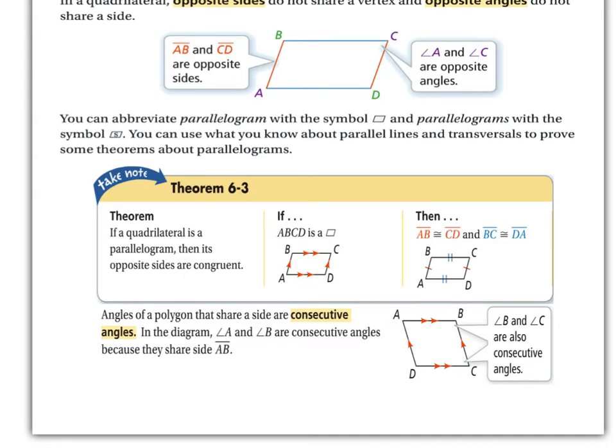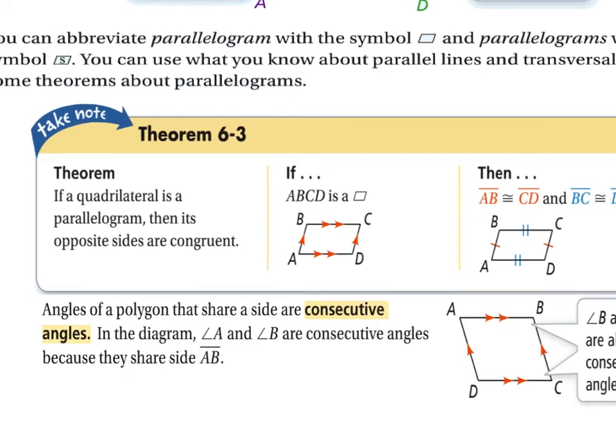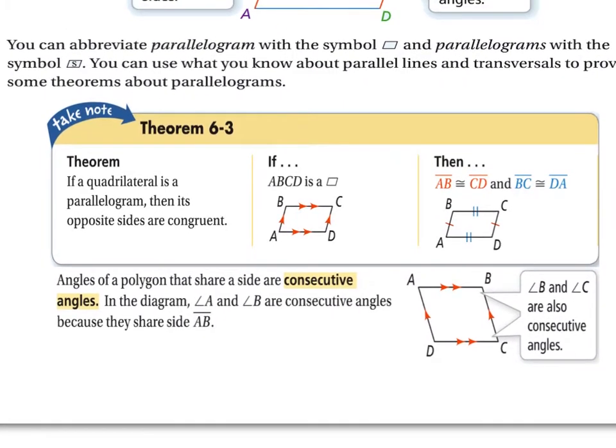Now, we're going to talk about some theorems that, if you know that it's a parallelogram, tell you some more specific parts about it. The first one that we're going to talk about here is if a quadrilateral is a parallelogram, then its opposite sides are congruent.